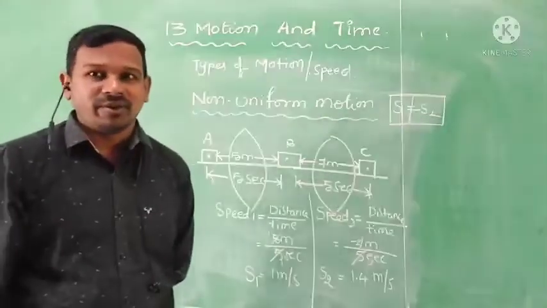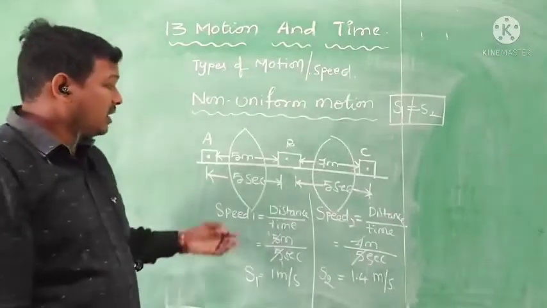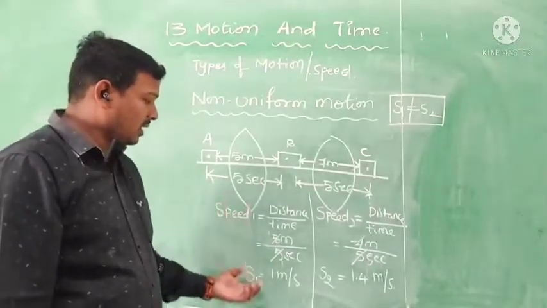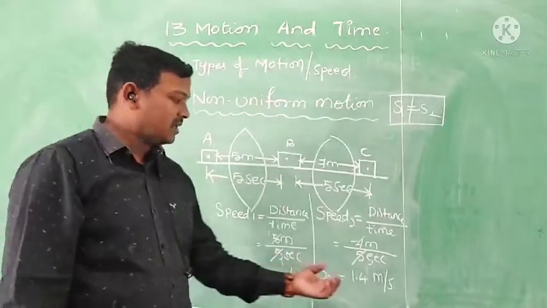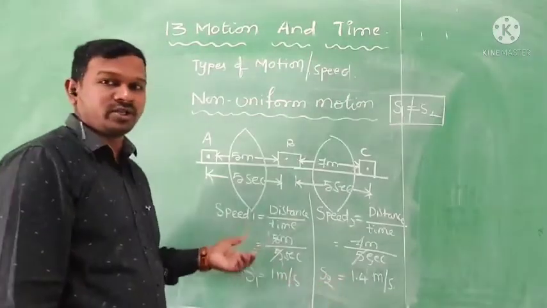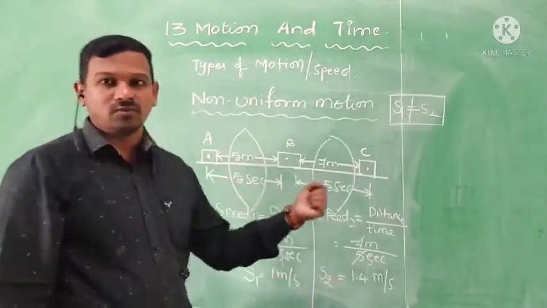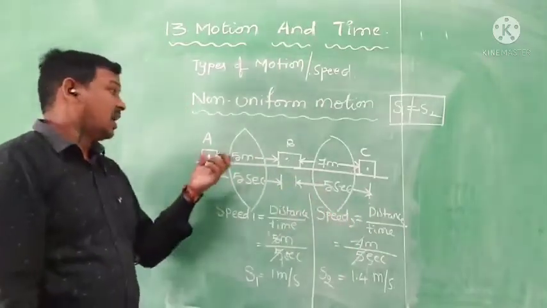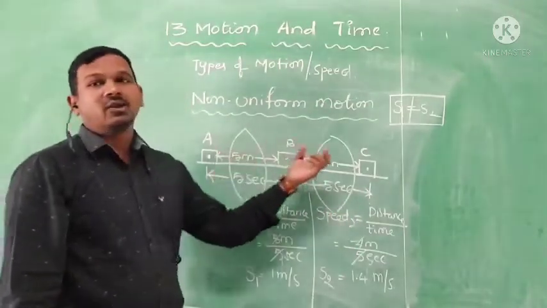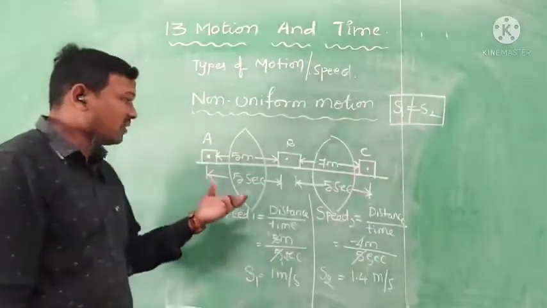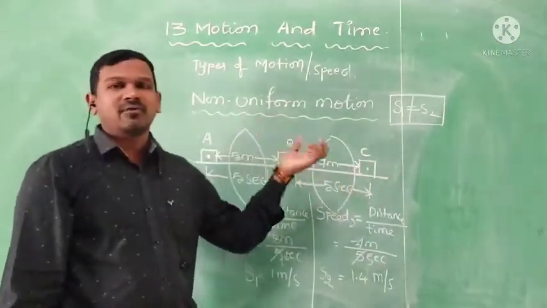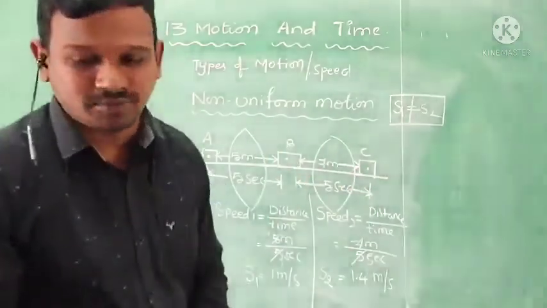What is the non-uniform definition here? The body which is not maintaining the same speeds in different situations is said to be going with non-uniform motion. Otherwise, if a body covers unequal distances in equal intervals of time, the type of motion we can call non-uniform motion.